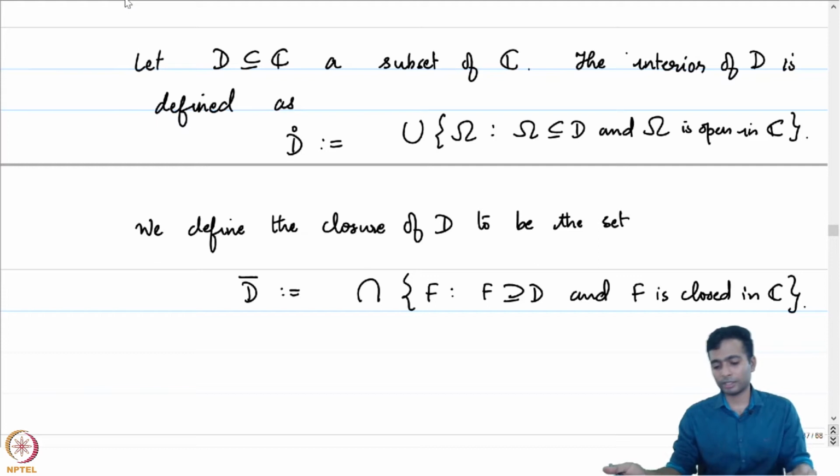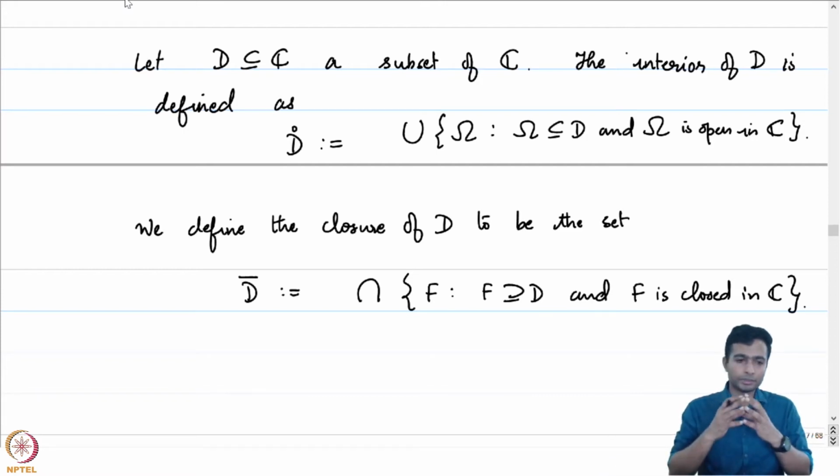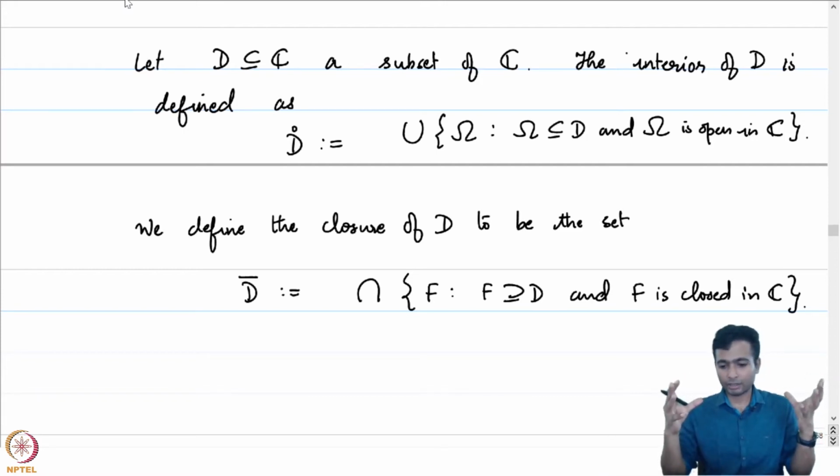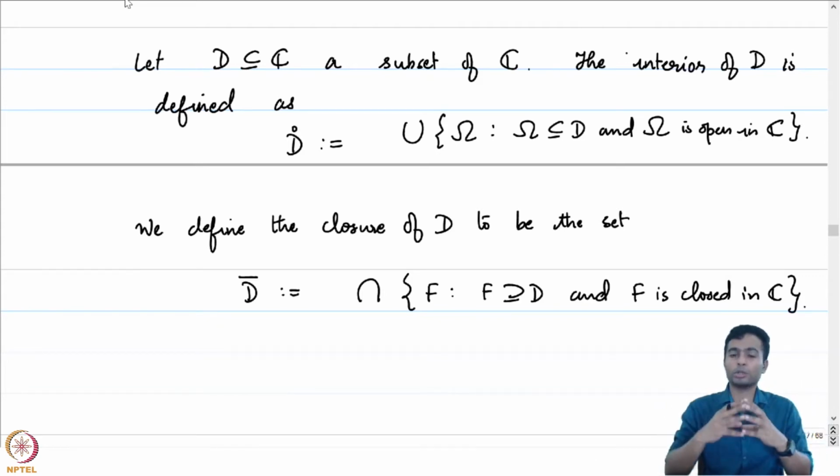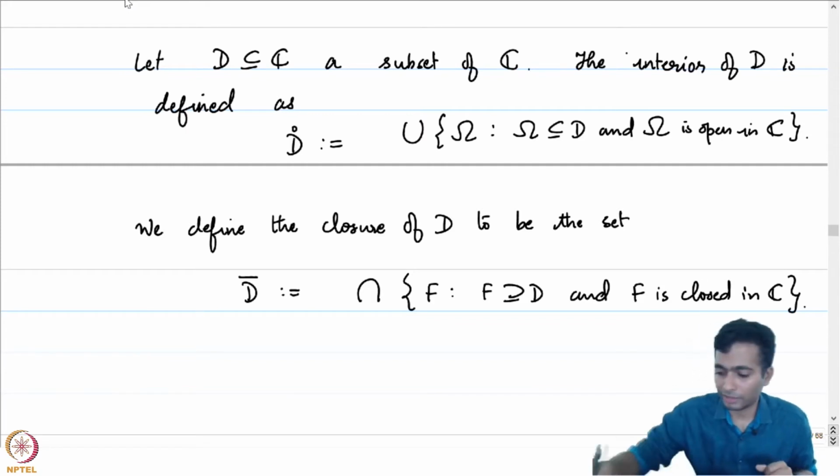So D bar is a closed set. The closure of D is a closed set. So the interior is in some sense the biggest open set sitting inside our given set D, and the closure of D is in some sense the smallest closed set which contains D.